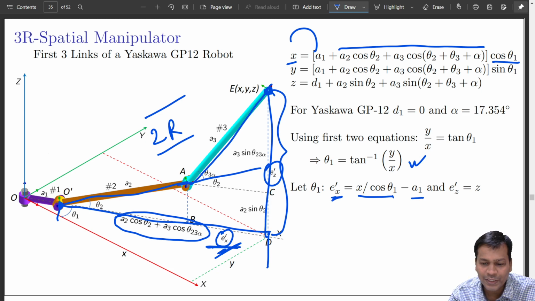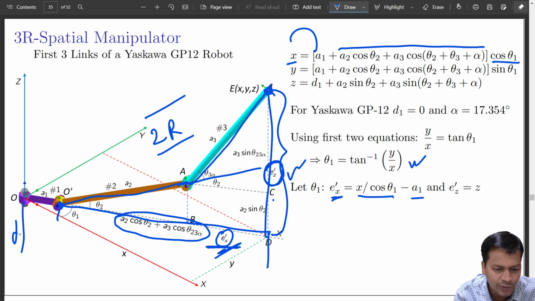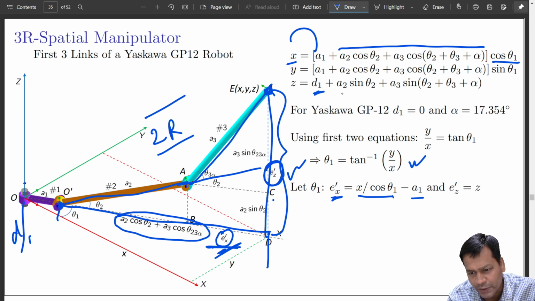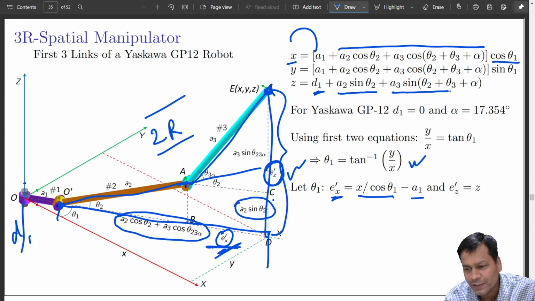Second part. The second part is simply Ez dash. Ez dash is from here to here, that is the height from C to D. You can quickly evaluate it from here. Ez dash is effectively this, because you don't have any D1 over here, so it is simply this one only: A2 sine theta 2 from here to here, and A3 sine of theta 2 plus theta 3 plus alpha, this one.